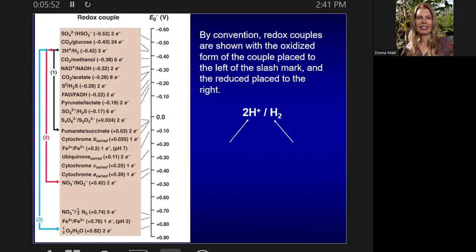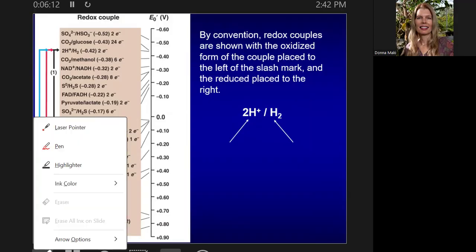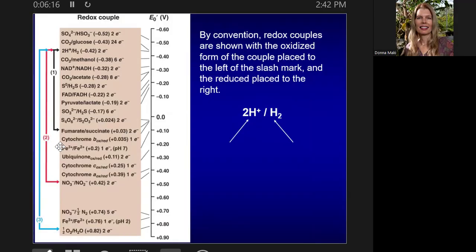And by convention, we always have it where the negative numbers are up top and then they get progressively closer to 0. And then you start getting the positive scale as you go all the way to the bottom. The other thing to be aware of is that the redox couples have a little slash in between them.